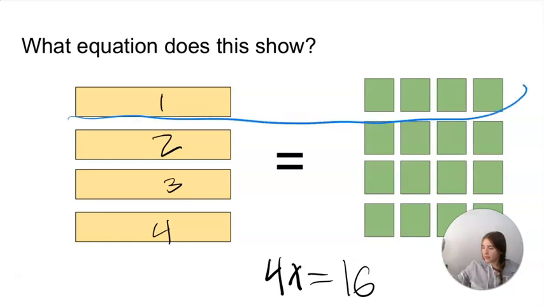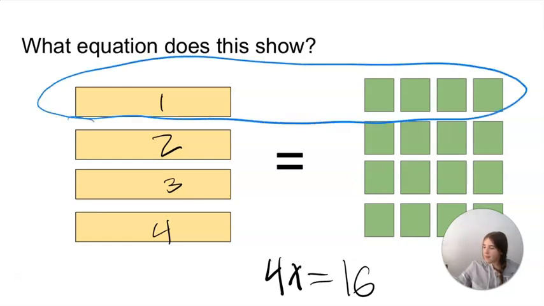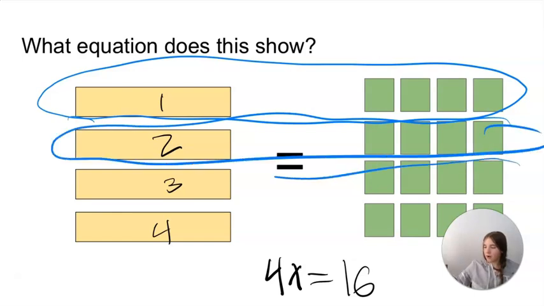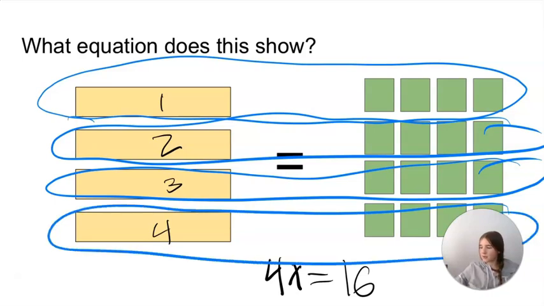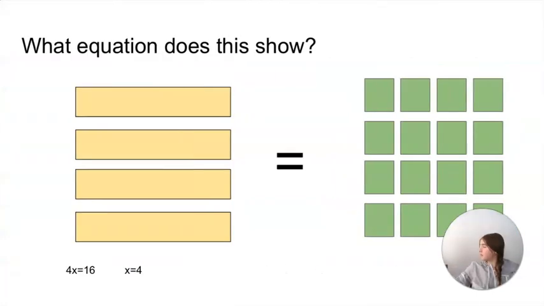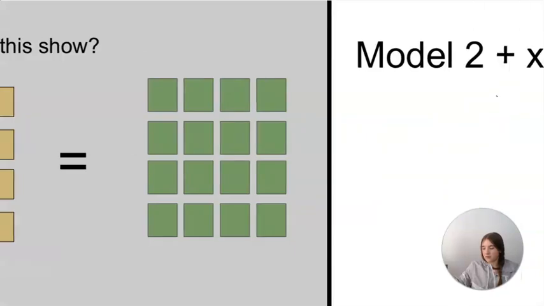So like this. And all of them have 1. So what is in one box or one circle? 4. So x equals 4, which is right here. Yep.